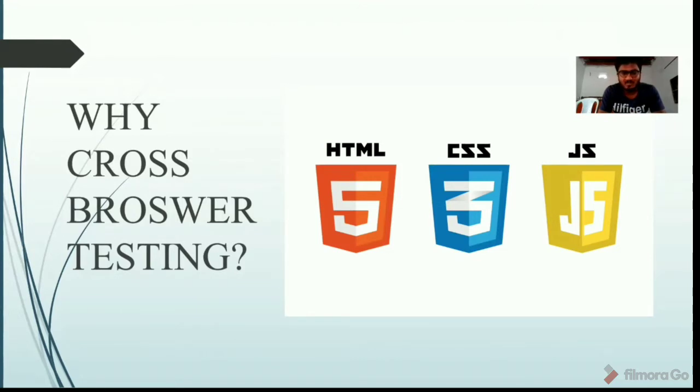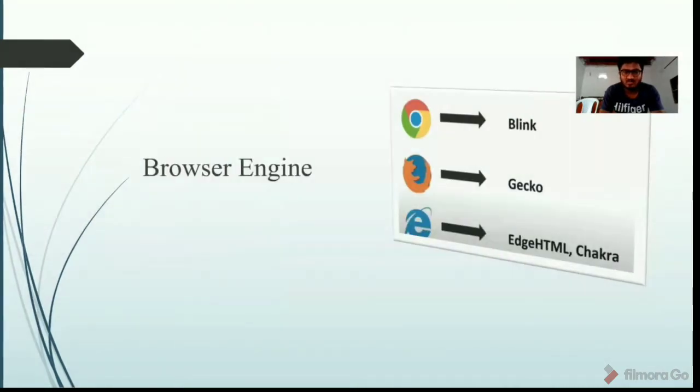But on the front end, in the rendering, only these three main technologies are used. However, each browser uses a completely different rendering engine to process these technologies. For example, Chrome uses Blink, Firefox uses Gecko, and Microsoft Edge uses EdgeHTML and Chakra.